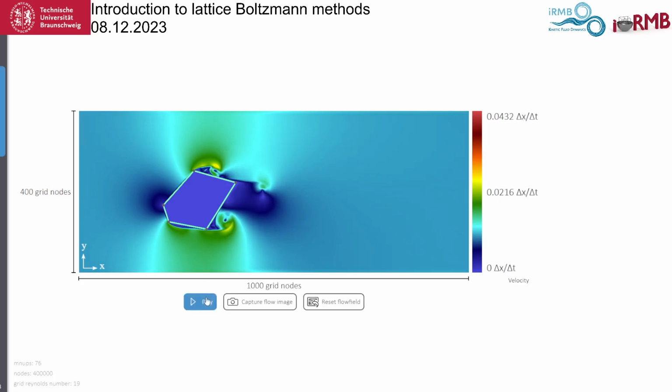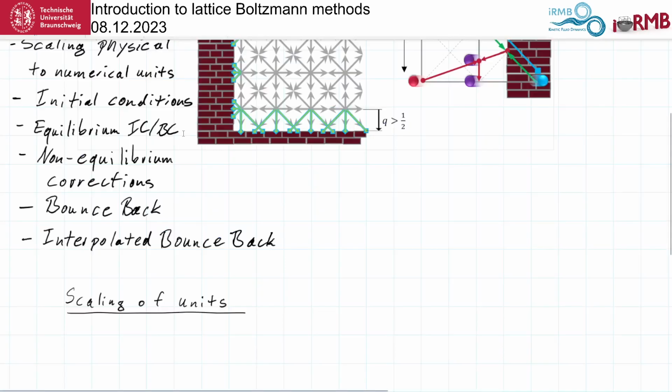So let me pause this and go back to the lecture, because now we have, of course, the problem that we have to relate these things, grid spacings and distance and also time, with lattice units.